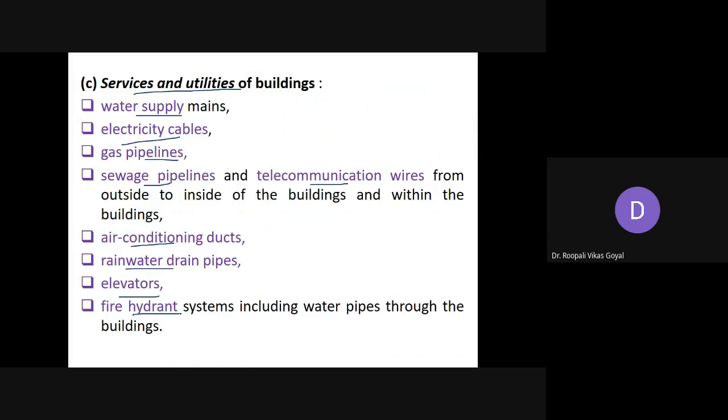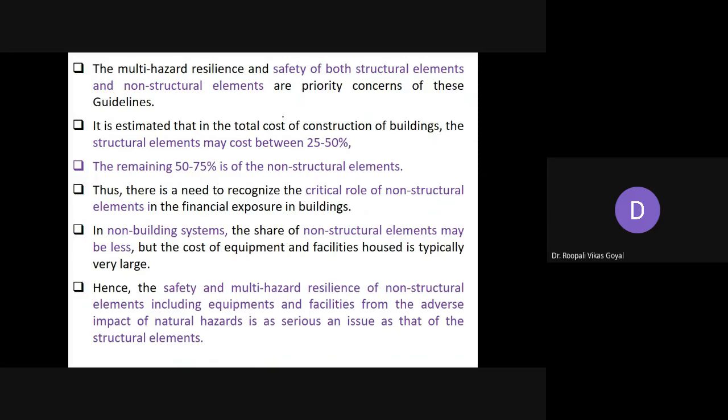So all the structural and non-structural elements should be properly secured against the particular hazard of earthquake. So this multi-hazard resilience and safety of both structural and non-structural elements should be given proper priority, and it is a concern in this guideline.